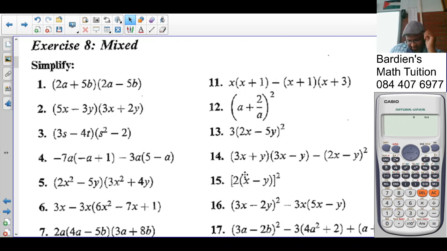For number 3 you got 3s cubed minus 6s minus 4ts squared. You got negative 4ts squared or negative 4s squared t is the same thing. Plus 80. Okay, any issues there? No. Number 5, 6x to the 4 minus 7x squared y minus 20y squared.